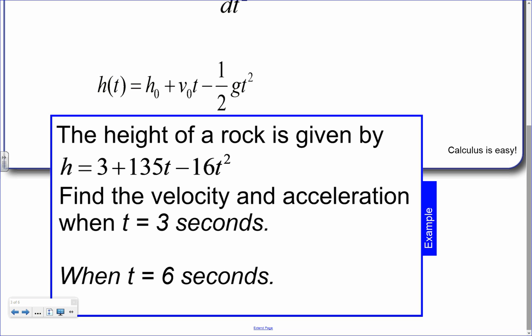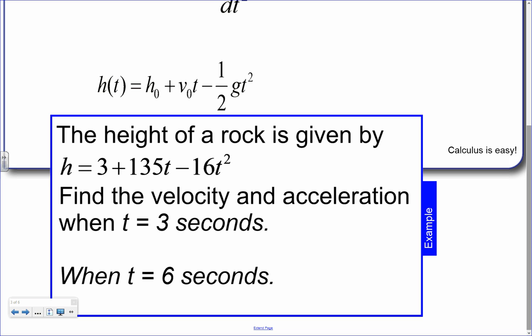So we're seeing this constant acceleration due to gravity popping out of this quadratic equation, which we would expect based on our understanding of how the power rule works. So given a position function or a height function that's a quadratic, the instantaneous velocity at a point is given by this linear function, 135 minus 32t.